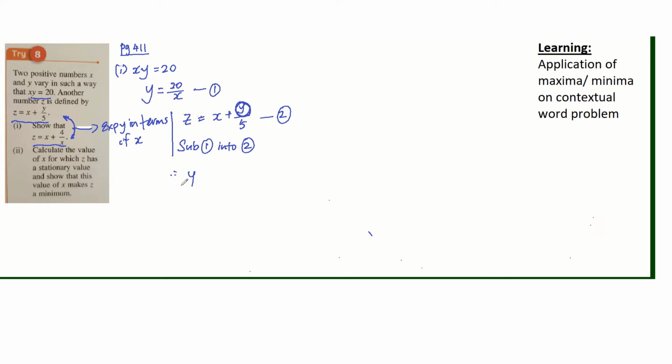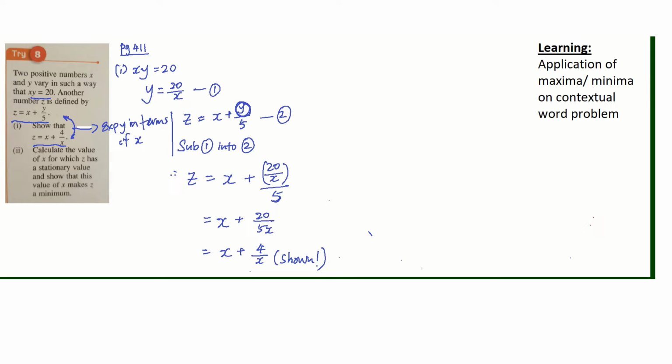So therefore you should have, sorry, why do I keep writing z today? Writing y today. Sorry about that. So z equals (x plus 20 over x) over 5. Then we go on to simplify. You should have (x squared plus 20) over 5x, and that should reduce to x plus 4 over x, and therefore you have shown it. Yay.